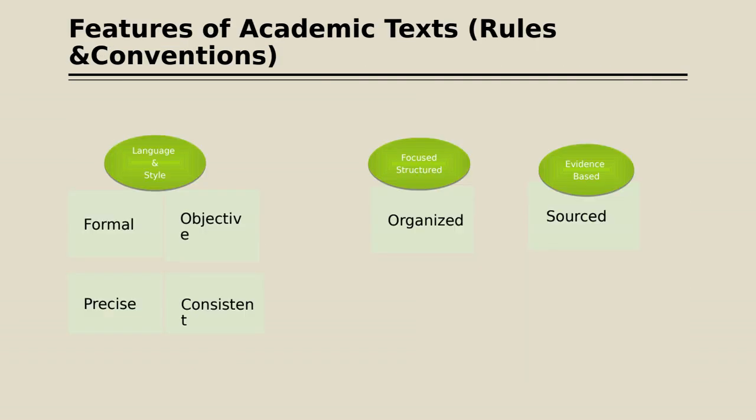How do we apply these rules and conventions, these features and characteristics, on our written text, at paragraph level, essay level, or whatever type of academic writing we looked at? But mainly we are looking at paragraph level and essay level.